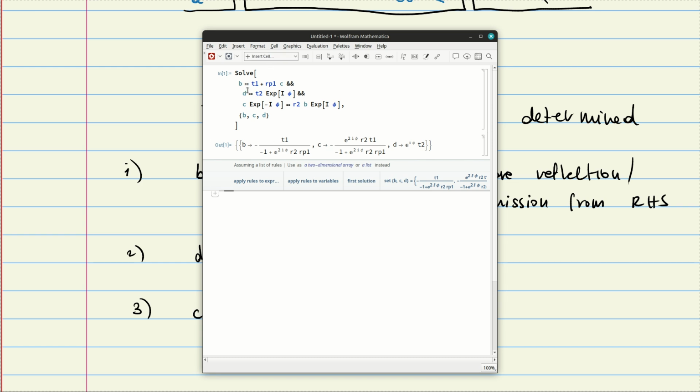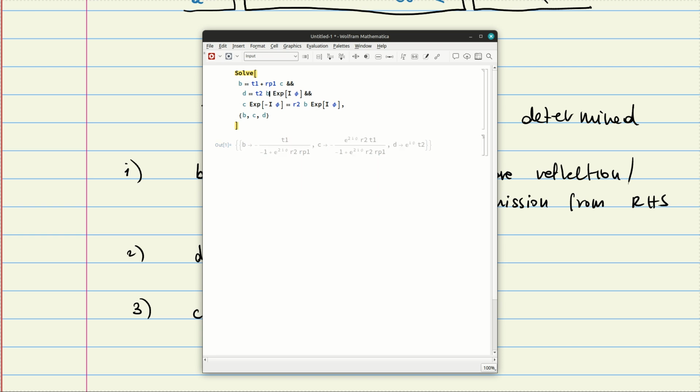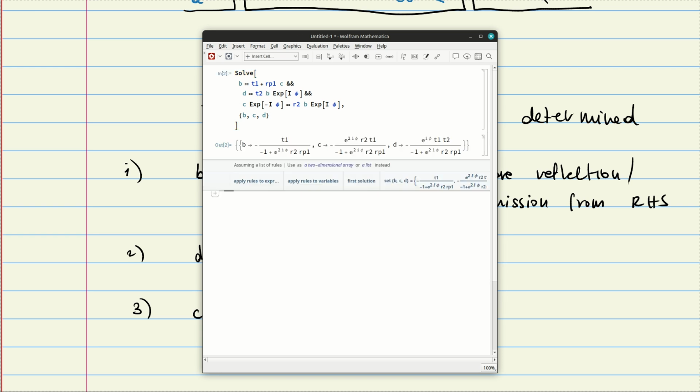B is equal to T1 plus R1 prime C. D is equal to T2 times B. And C times the exponential minus i phi is equal to R2 times B. I think this is correct, and this D seems to be correct.